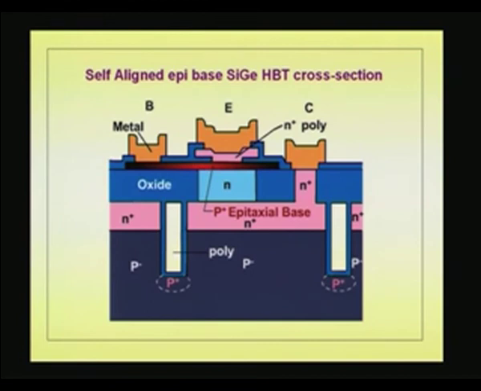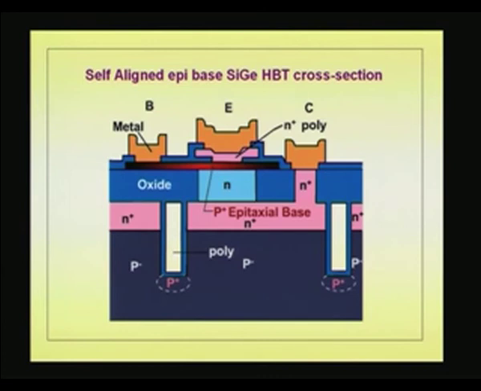They have made BiCMOS, they have made ECL, all sorts of things with silicon germanium technology. So, it is a big contender for gallium arsenide technology. This is the challenge thrown by silicon technologies towards gallium arsenide based HBT. But still your high electron mobility transistor stays there, there is no contender here.